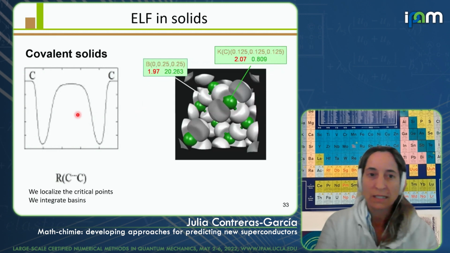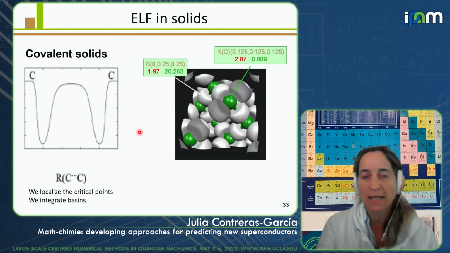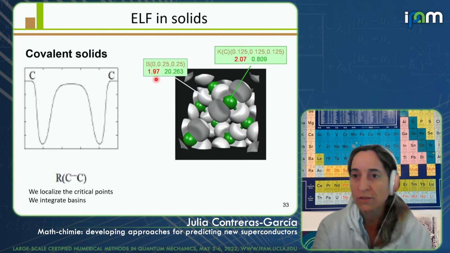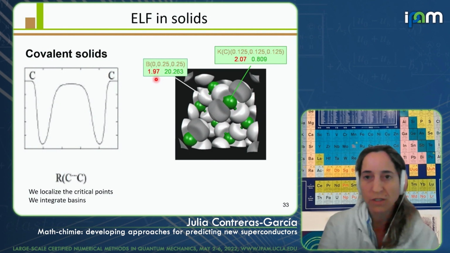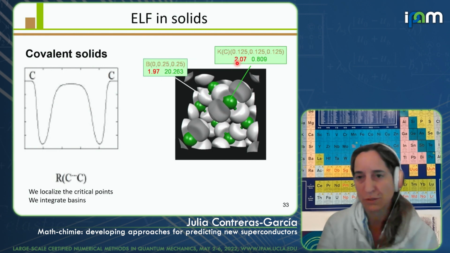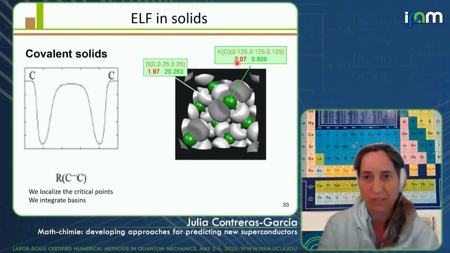You can also integrate these regions, and then what you obtain is, for example, that the bond over here has 1.97 electrons, pretty close to the 2 electrons one would be expecting in diamond. Same for the core. So the core of the carbon has nearly 2 electrons, also very close to expected.